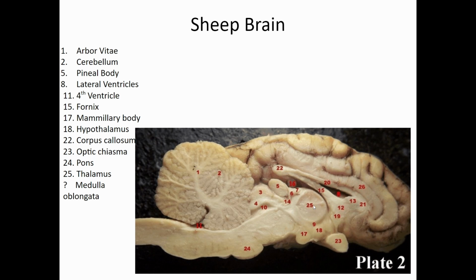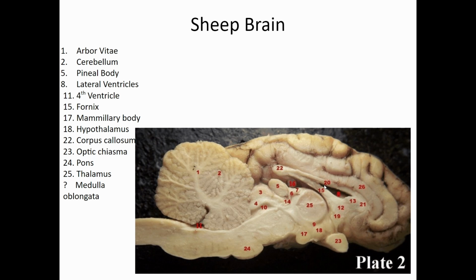Other structures we can easily see is this large central circular region. 25 is the thalamus. 5 is the pineal gland or epithalamus. Then we have 20 and 15. They are on top of and under an opening, which is the opening into a lateral C-shaped ventricle, or one of the cerebral hemispheres.